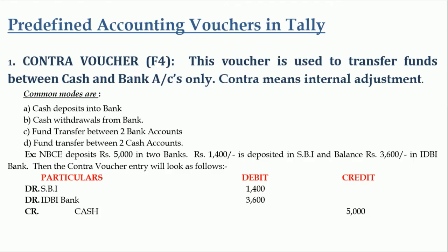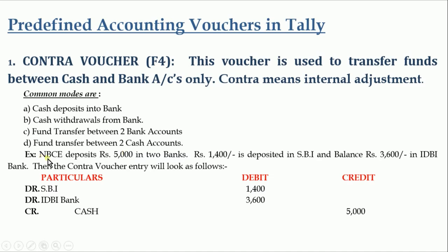Fund transfer between 2 bank accounts: one bank account credit, another bank account debit. Fund transfer between 2 cash accounts, that is cash to petty cash, or sometimes petty cash to cash. As you know, a small amount of cash for a short duration, we call it petty cash.